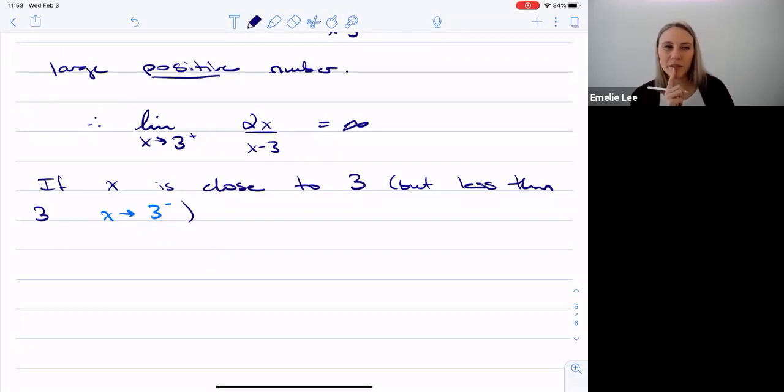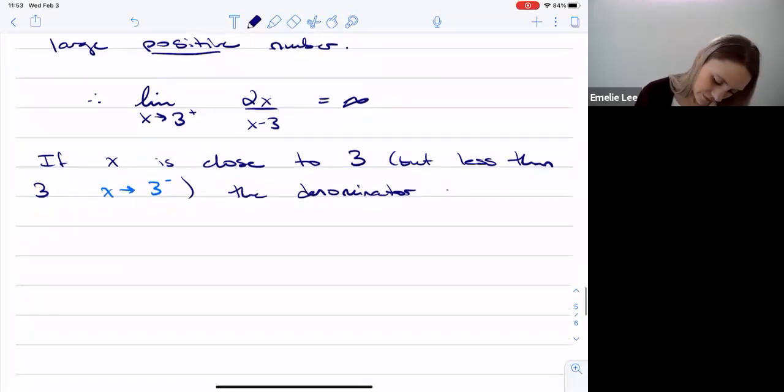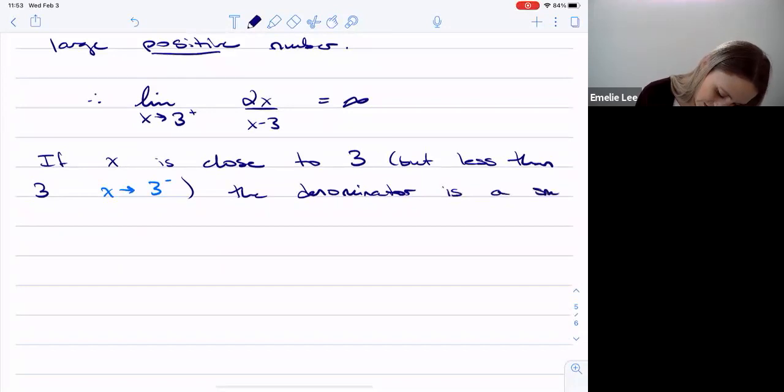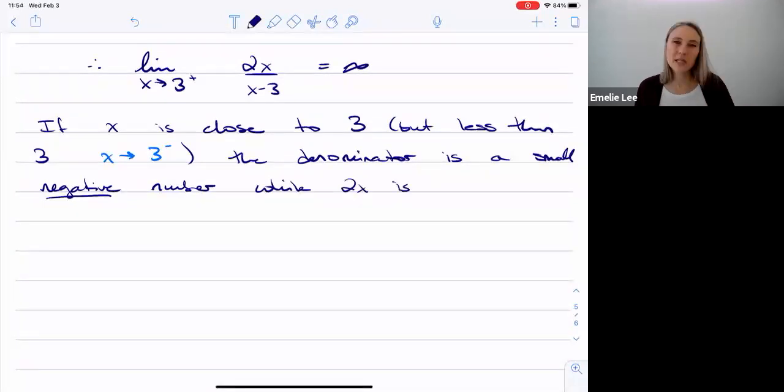The denominator, x minus 3, is going to be a really small negative number, while 2x is still close to 6.